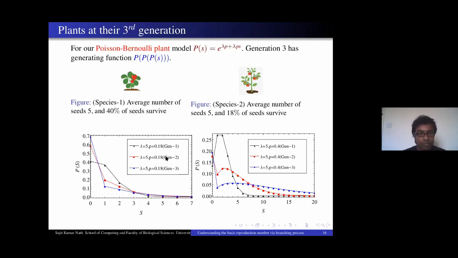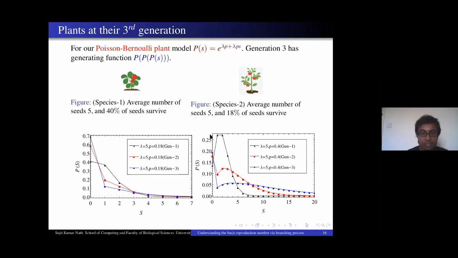But what happens in this case is that there is a difference between these two cases. In this case, the probability of getting a larger number of particles after the nth generation is gradually decaying, but in this case the probability of a larger number of particles is gradually increasing, right? After the third generation, the probability of getting 15 particles is higher than in the first or second generation.